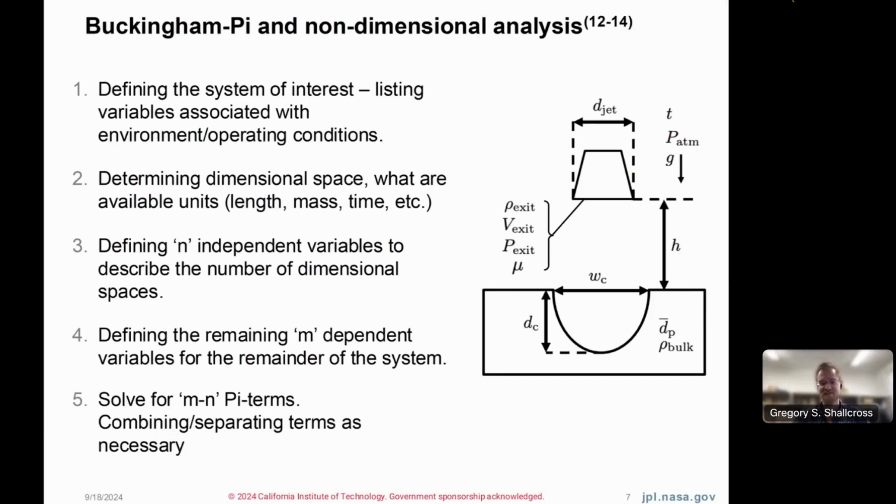We can determine a dimensional space where we have available units of interest, such as length, mass, time, etc. We can define independent variables to describe those dimensional spaces, and then the remaining terms are used from a modeling perspective. For the actual procedure, you can go back to your fundamental fluids book. You can solve for m minus n pi terms, and then combine and manipulate pi terms as necessary to get your non-dimensional terms of interest.